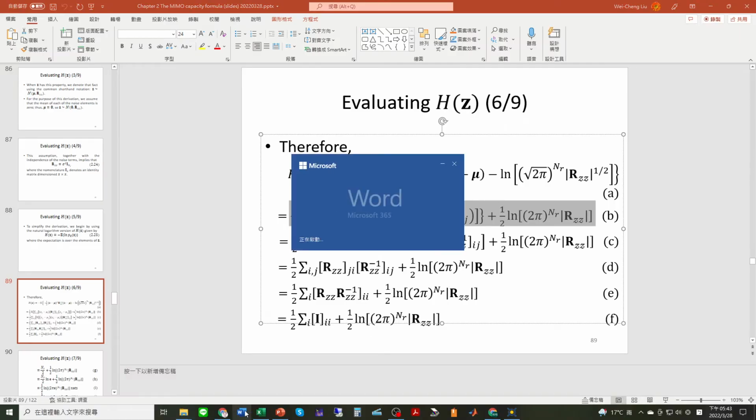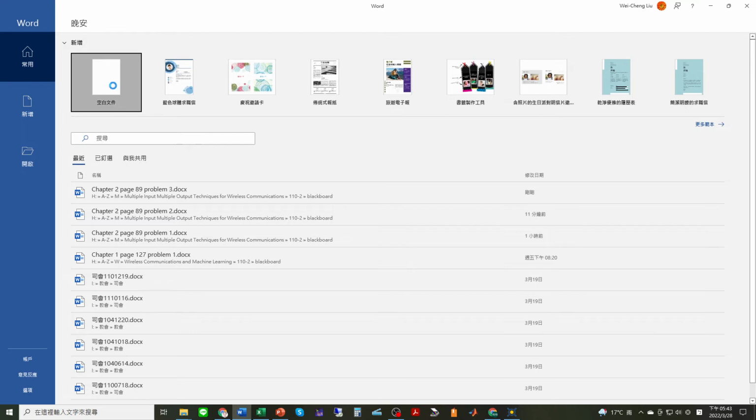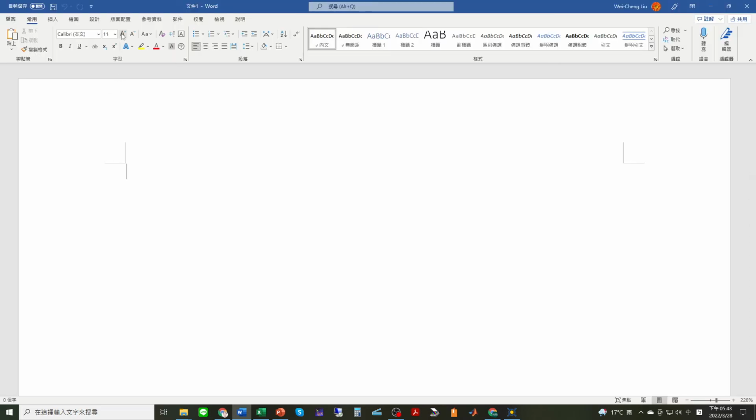Okay, so please see the blackboard. And again, I do not have the blackboard here, so let me use Microsoft Word instead. Chapter 2, page 89. Problem 4. Derive equation D. Solution.